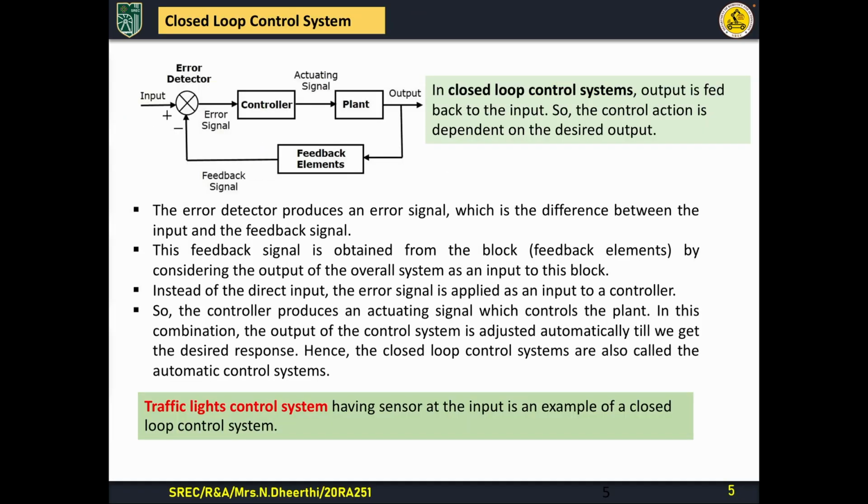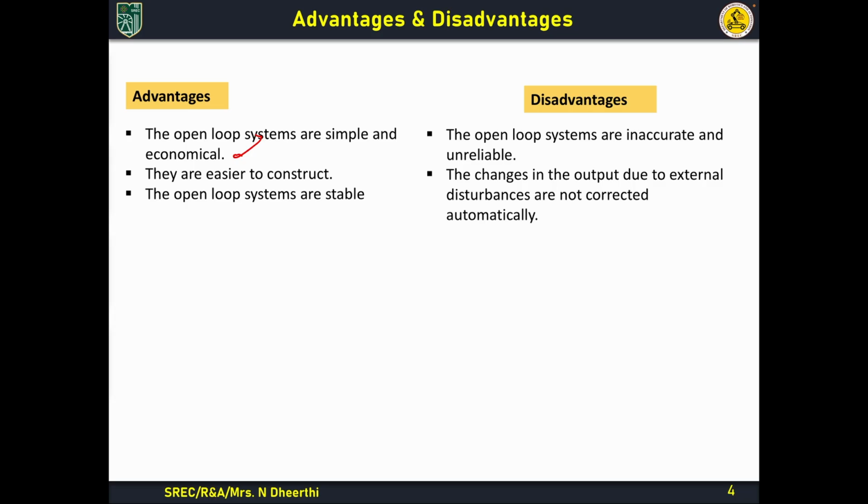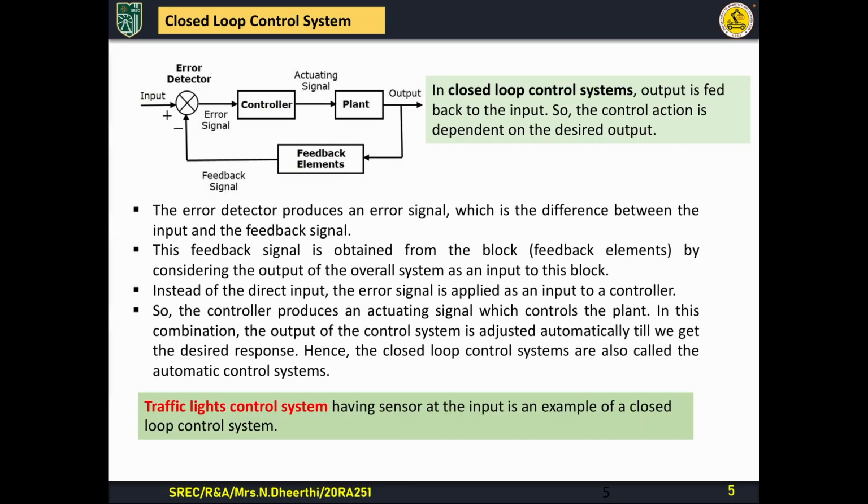Next we'll get into the closed loop control system. Look at the diagram; from the diagram itself you can understand. Here you take the feedback elements. From the output you take the feedback, and that is given to your error detector, where your controller will get an error signal as well as your input.